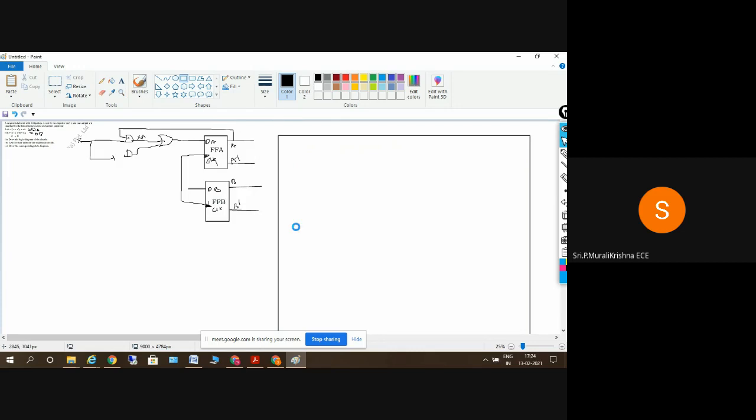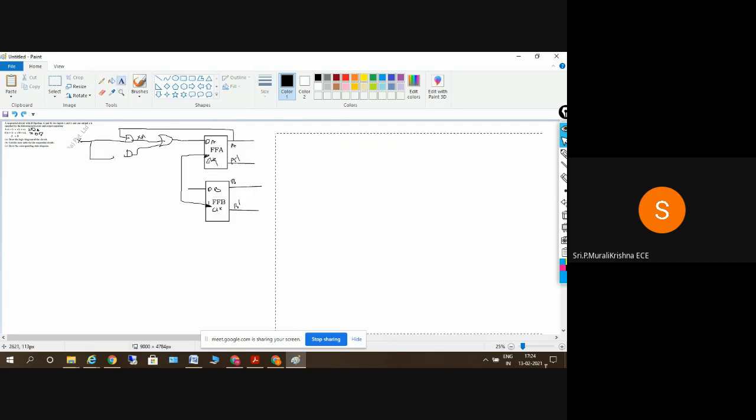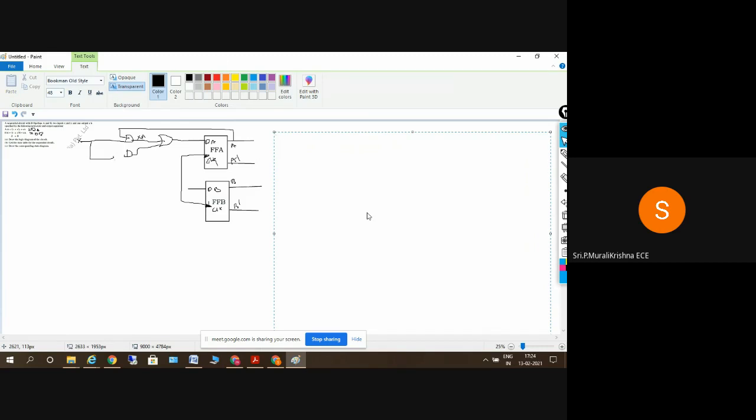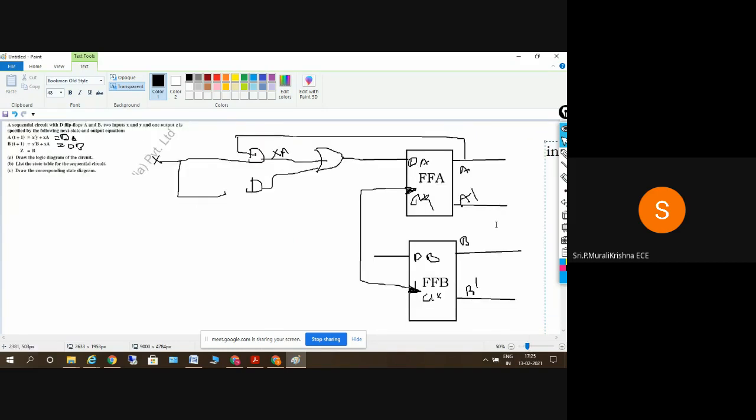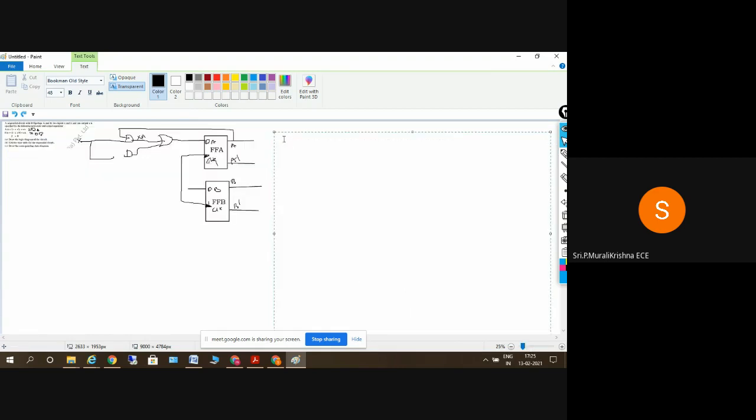So inputs x and y are the inputs, and for present states we have two flip-flops, taken as A and B. Okay, so in total we get 16 combinations here. And with two flip-flops, we have 4 possible states. Clear?